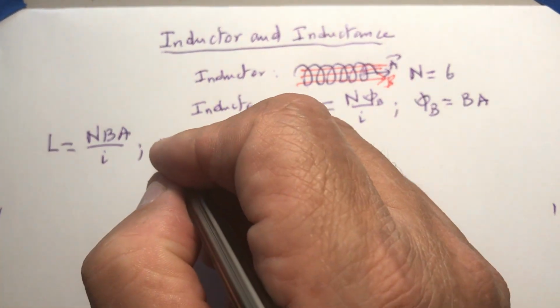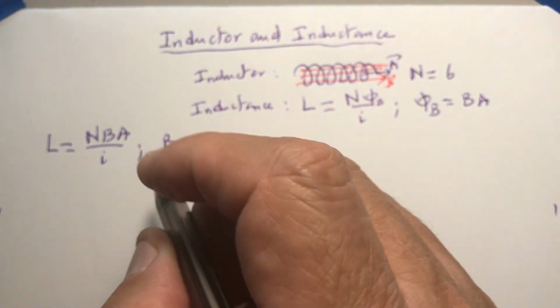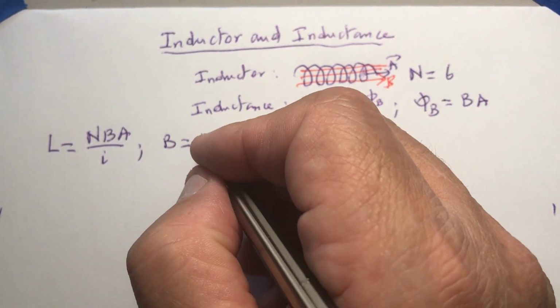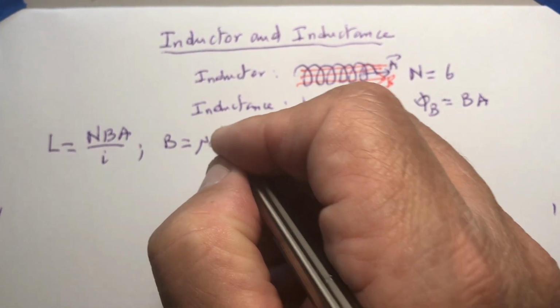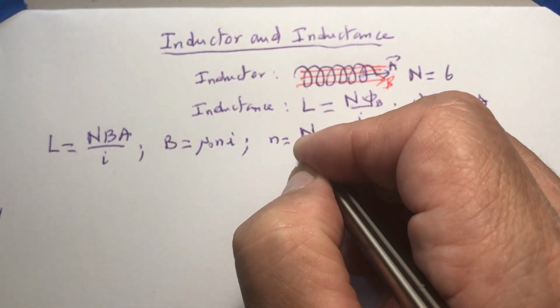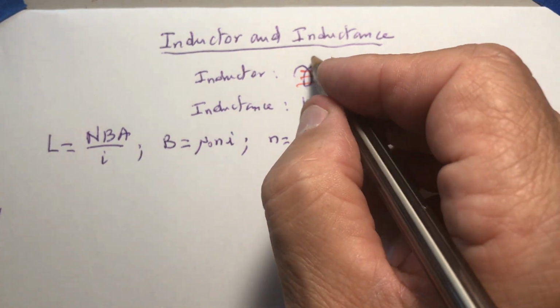Now, we studied the B field. If you look at the previous videos, the B field for a solenoid, for an inductor, is mu0 times small n times I. This small n is just the number of loops divided by the length of the solenoid.